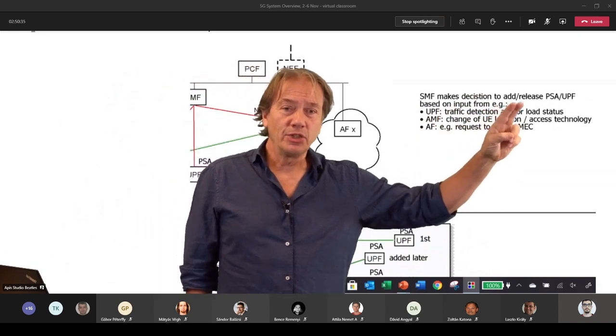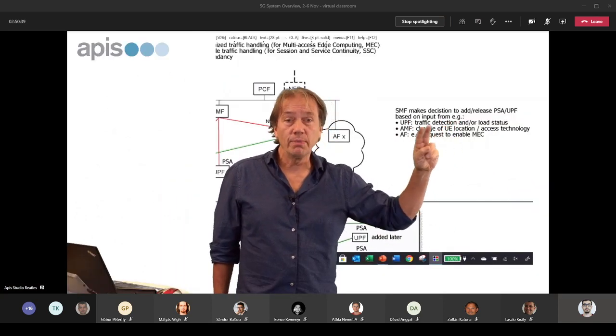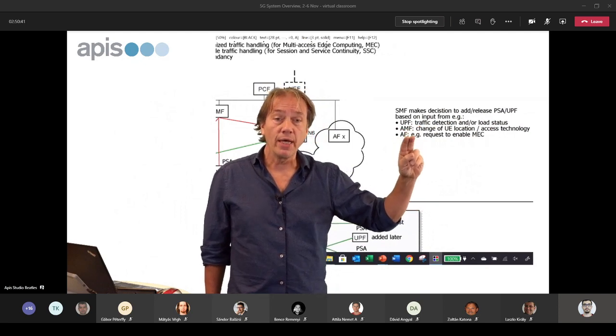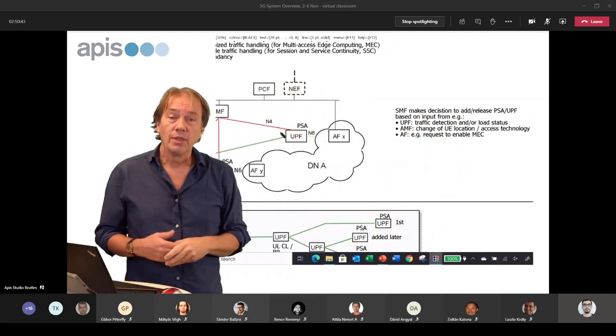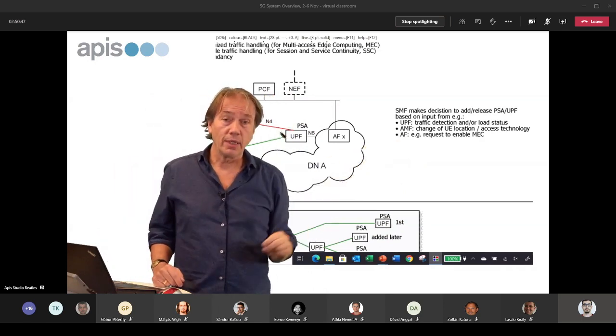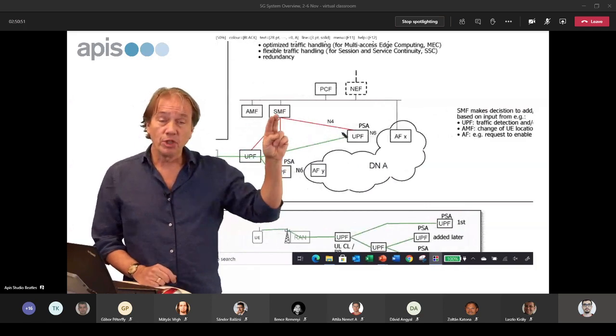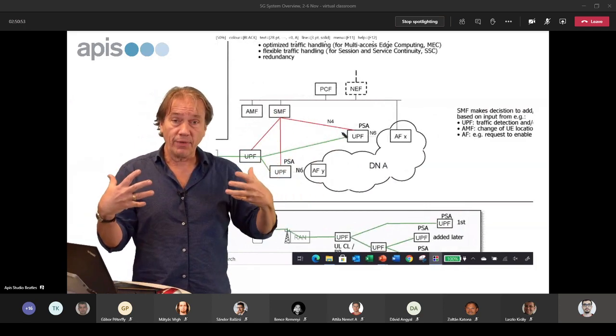SMF makes the decision to add or release a UPF based on input from the user plane function, the AMF, the application function, the policy control function. We didn't write that, but that's the idea, that the session management function will get information.